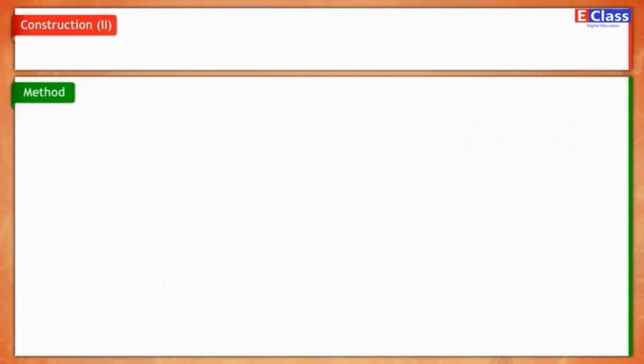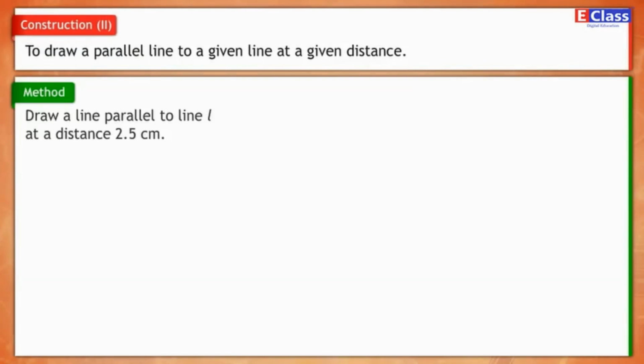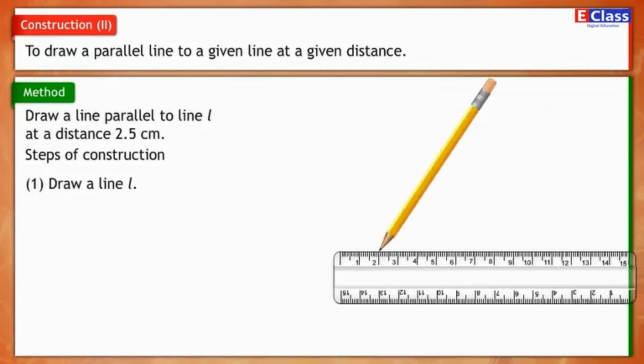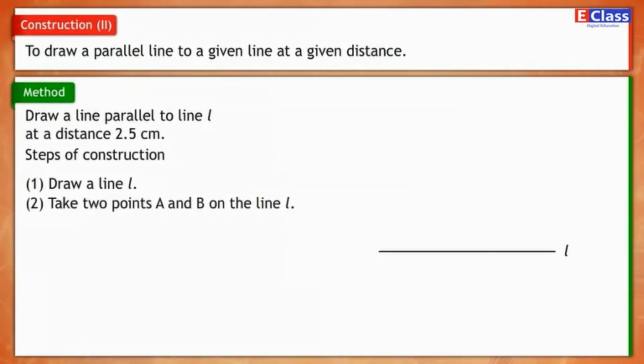Construction 2. To draw a parallel line to a given line at a given distance. Method. Draw a line parallel to the line L at a distance of 2.5 centimeters. Steps of construction. 1. Draw a line L. 2. Take 2 points A and B on the line L. 3.